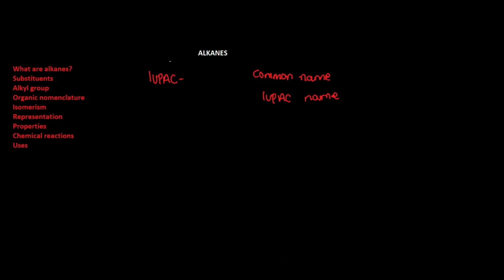Now we are going to be looking at how to name an organic compound in terms of its IUPAC nomenclature. There are 3 main steps that I would be considering under this. The first step is to identify the longest continuous carbon chain.